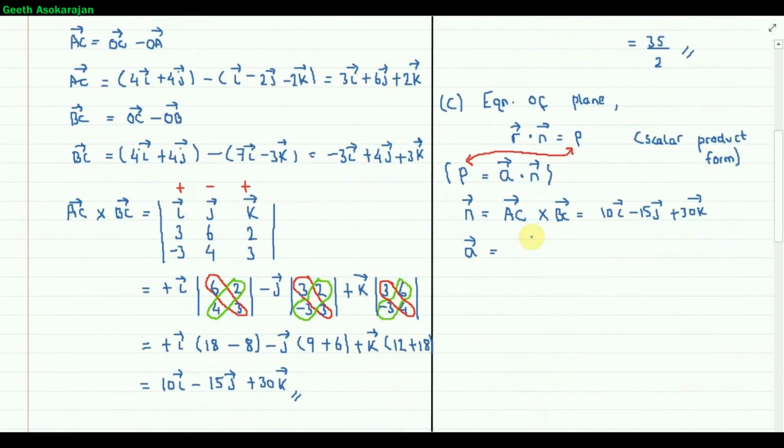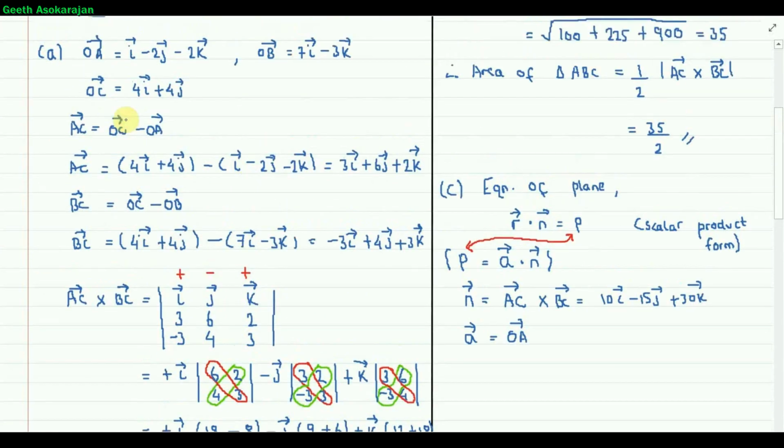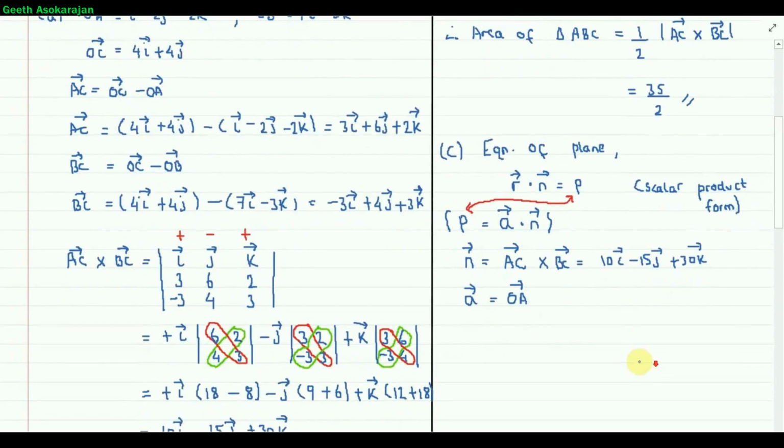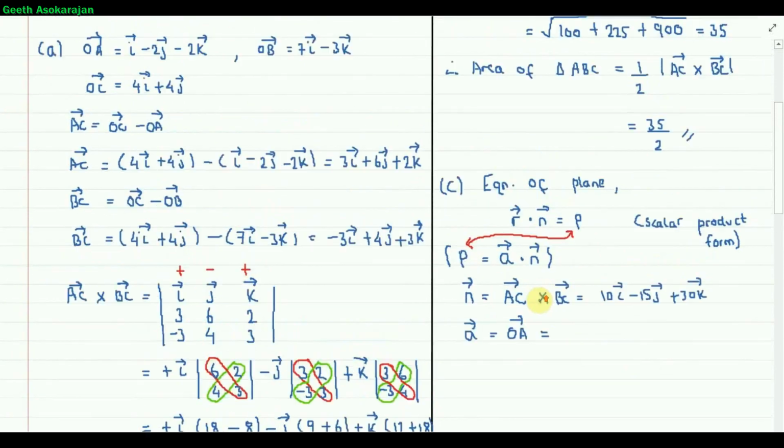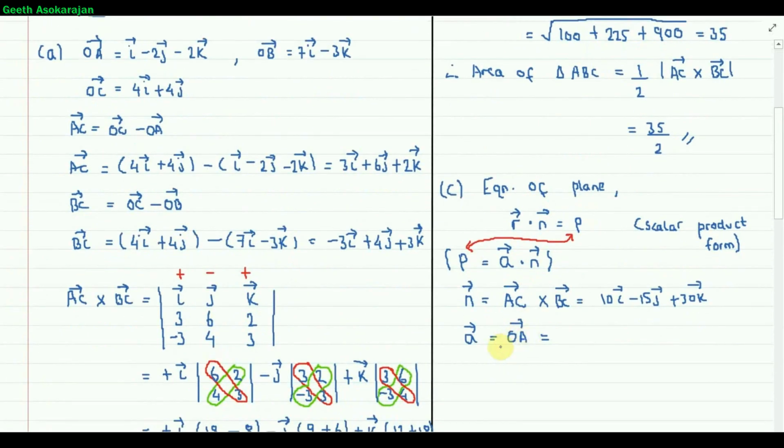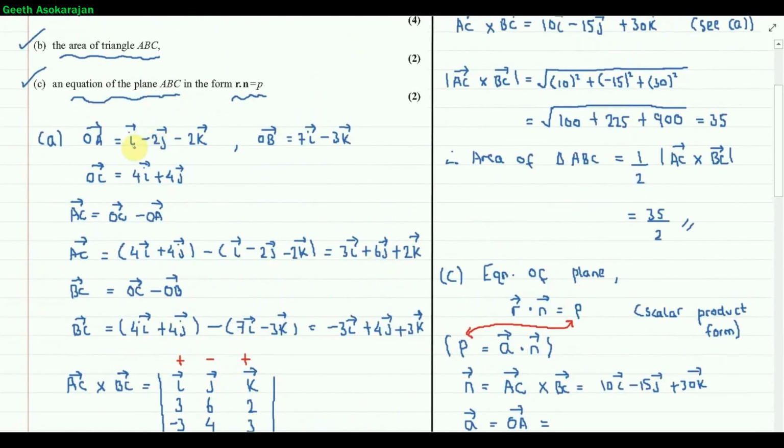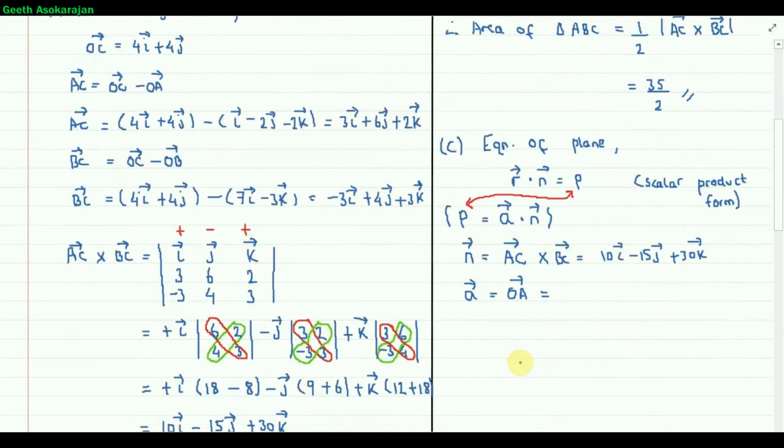So in that case, I'm going to take A to be OA, since OA is a fixed point on our plane, but you could also take it to be OB or OC as well. So with regards to my calculation, I'm going to take it to be OA, and let me copy that down, i minus 2j minus 2k.